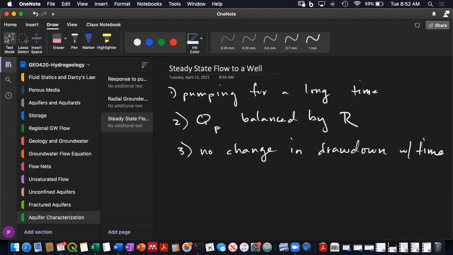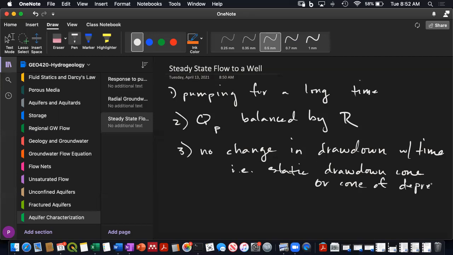We have a static drawdown cone, or cone of depression, it also gets called.